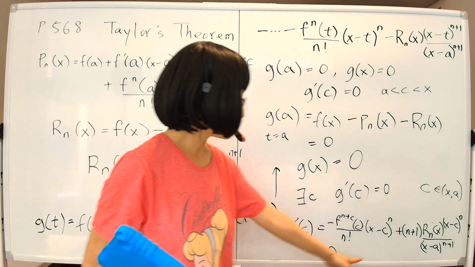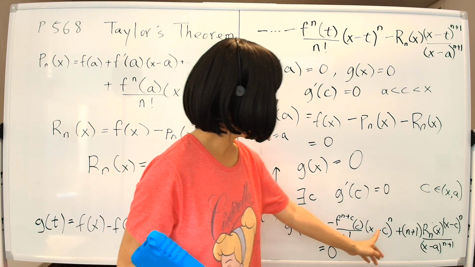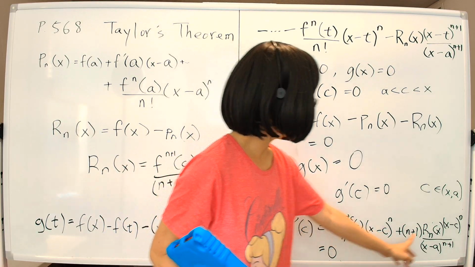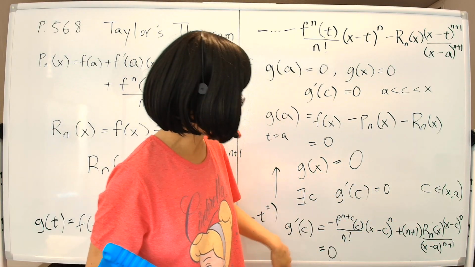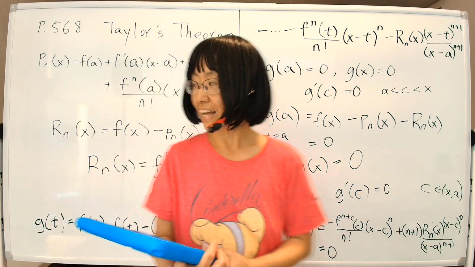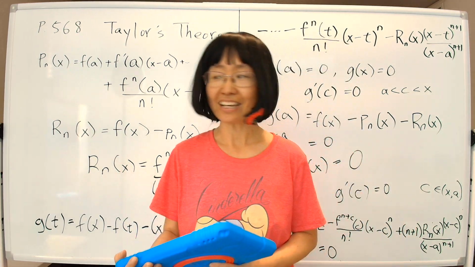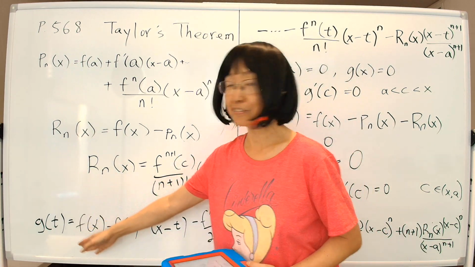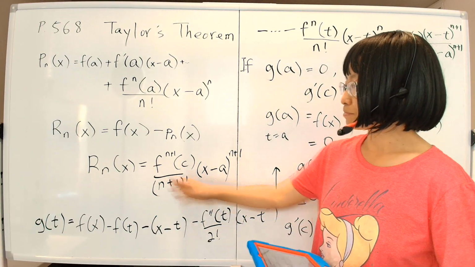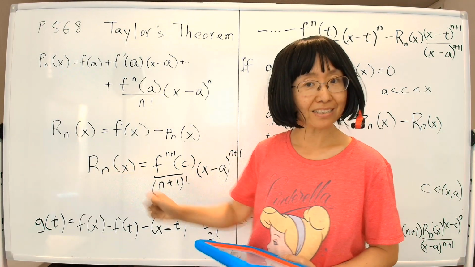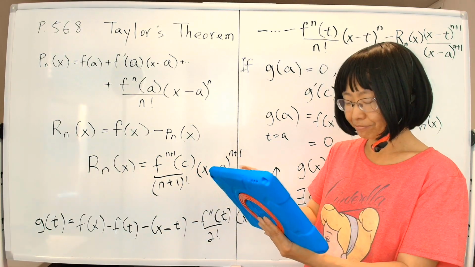Once we know that, you notice these terms: if this whole thing equals 0, then you can cancel out this x minus c to the power n, and then move everything to the other side of the equation except Rn, and you end up with this nice, neat formula. So as you can see, g of t is a beautifully designed function that somehow ended up with us figuring out exactly what the remainder is in Taylor's theorem.